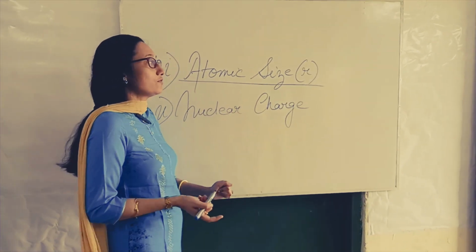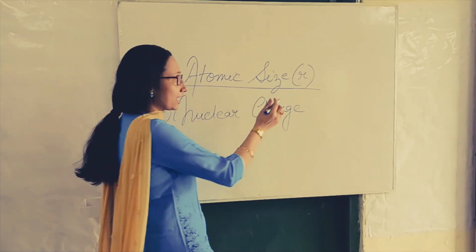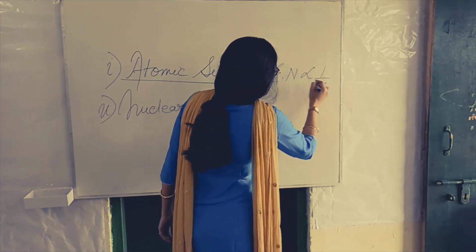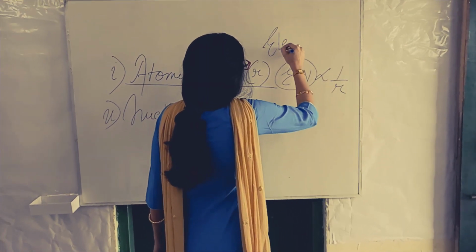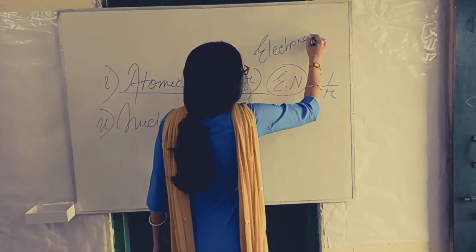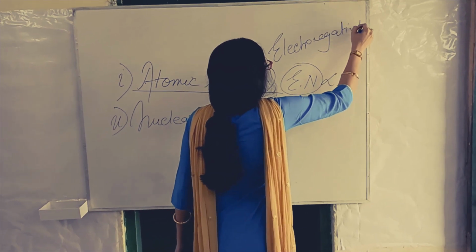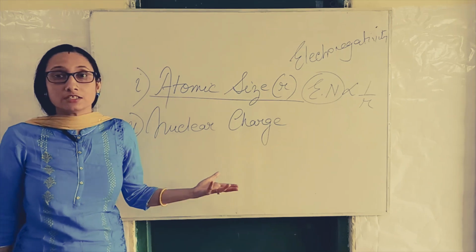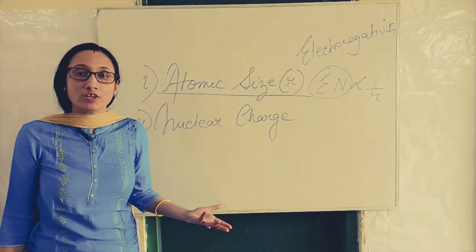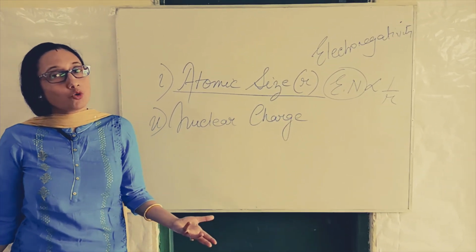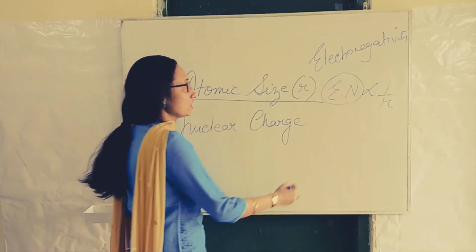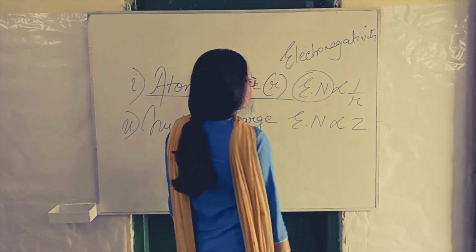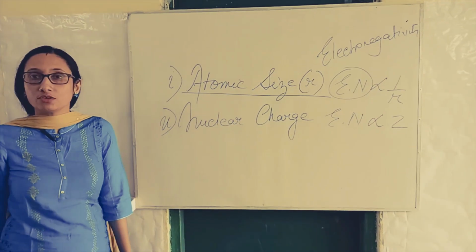So, electronegativity and atomic radius are inversely proportional to each other. EN stands for electronegativity. Now, greater the value of nuclear charge, more will be the attraction and hence more will be the electronegativity. So, electronegativity and nuclear charge are directly proportional to each other.